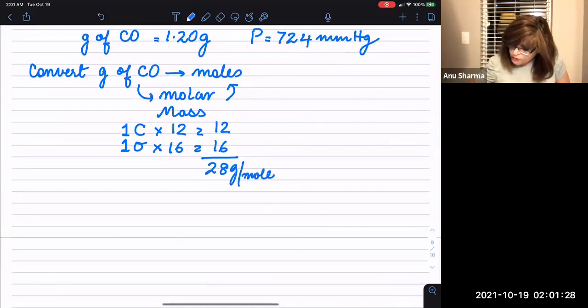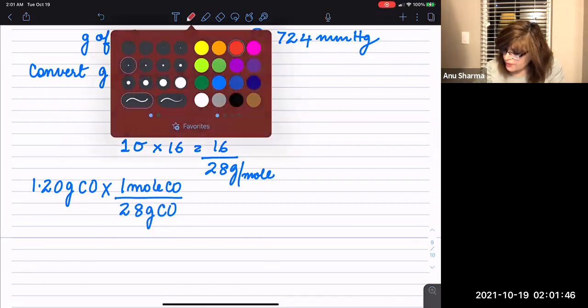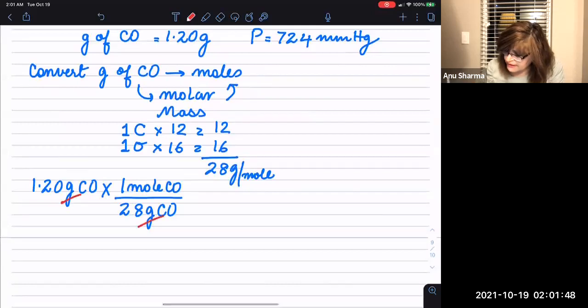Okay, so 1.20 grams of carbon monoxide times 1 mole of carbon monoxide over 28 grams of carbon monoxide. Here the grams of carbon monoxide cancel out, and you get the moles of carbon monoxide.